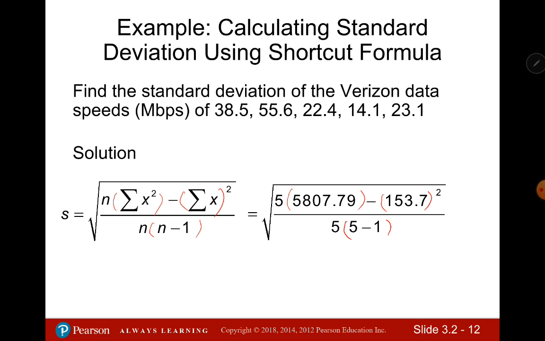Each x value, we find the square first, then get the sum of the squared terms. That's the definition of sigma x squared. Then for the second term, we need to find the sum of all the x values, so we do the addition first. We get sigma x first, then take the square. Make sure you know there is a difference between these two terms. Of course, we will get the same answer as the previous formula.